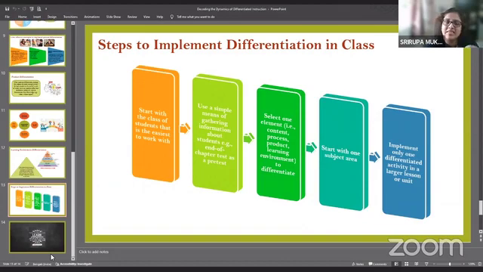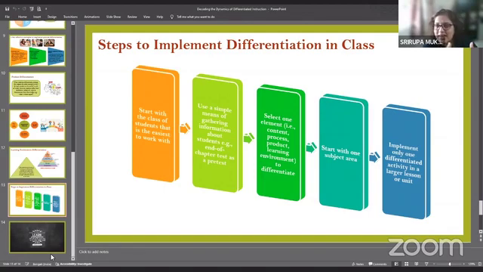So maybe we can take a small test which tests their prior knowledge, or after I have taught one chapter in the class, I could take a short assessment and try to analyze what kind of differentiation the children actually need, or which learners need some techniques to be tweaked or altered.